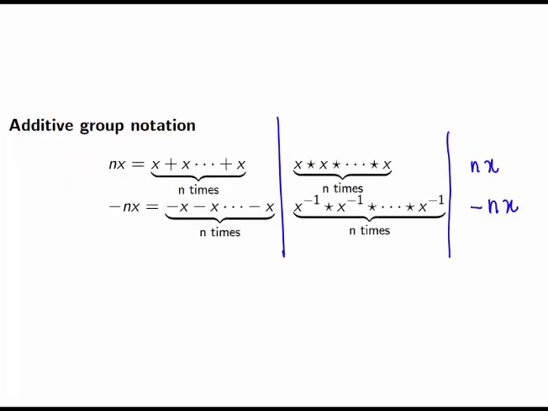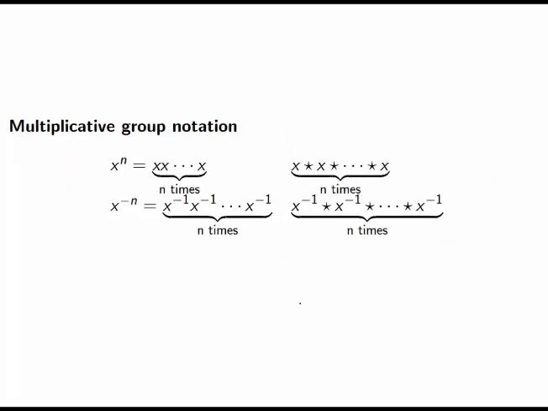We can also play the same game multiplicatively. When you have x combined with x n times, we can just write this multiplicatively as x to the power n. We have the same for the inverse, x inverse combined with x inverse combined with x inverse n times. We can just write this as x to the negative n.